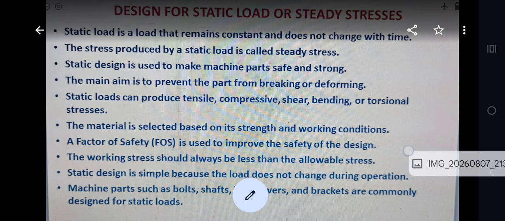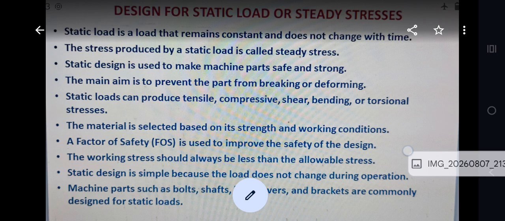We consider loading, material properties, manufacturing, dimensions and operating conditions. That's why we introduce factor of safety.